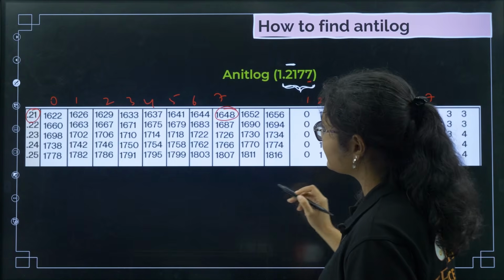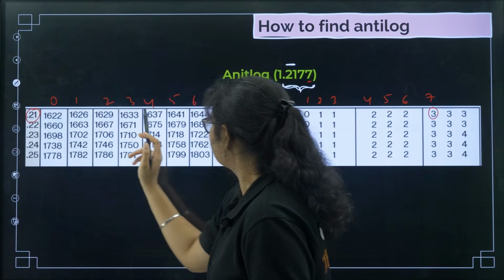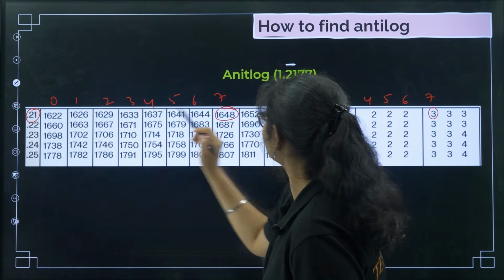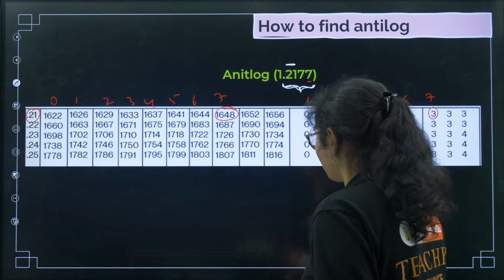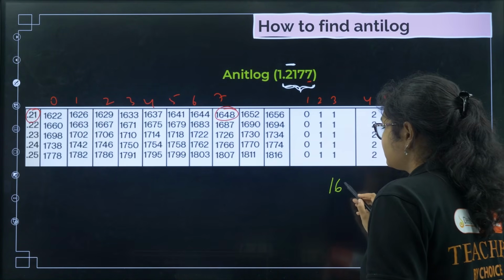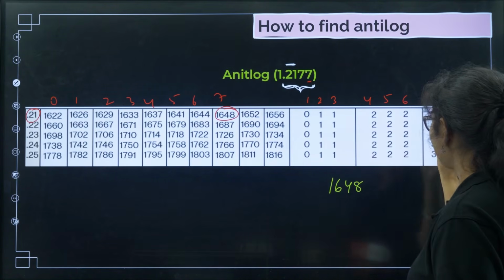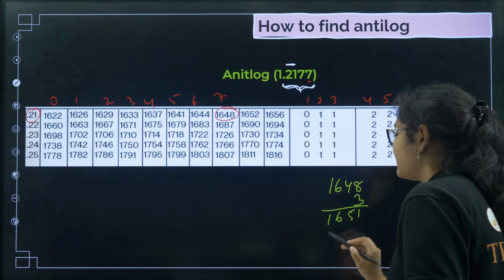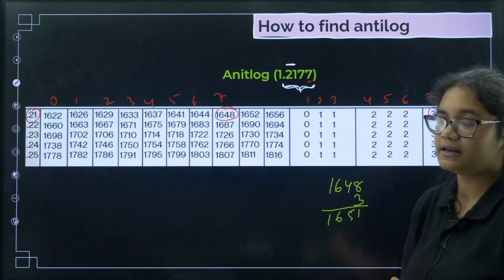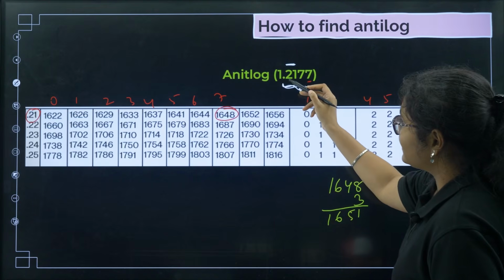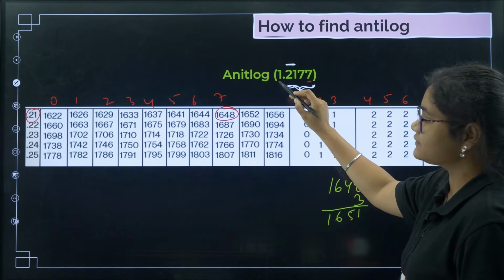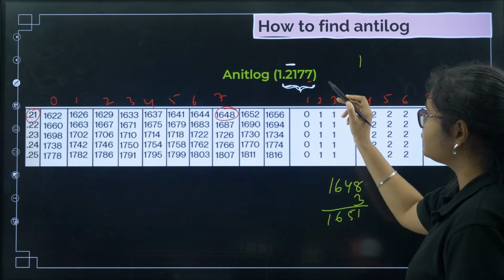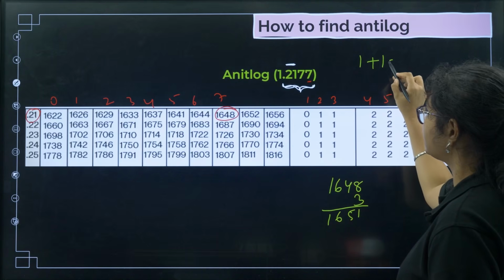So the 7th digit will be this 3. So I will write here, one second. So 0.21 I considered, then the 7th one is 1648. So I'll write 1648. After that what I have is this 3, right? So I'll get how much? 1651. Now where to put the decimal? See, the number before the decimal is what? 1. Okay, so you need to add 1 plus 1, that is 2.